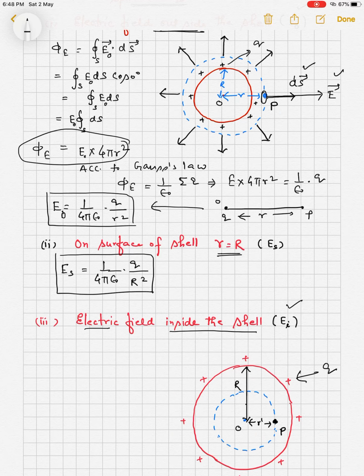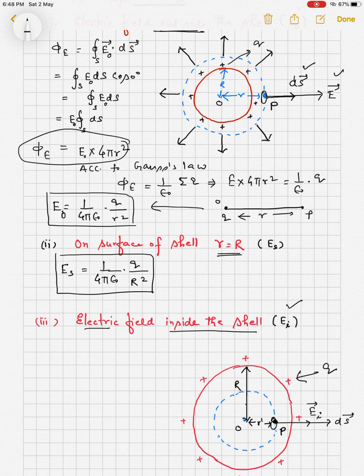Suppose here we consider a small element, the area vector will be the outward drawn normal. Also, due to this charge, if there is an electric field inside this spherical cell, EI, the direction of this EI will also be radially outward.